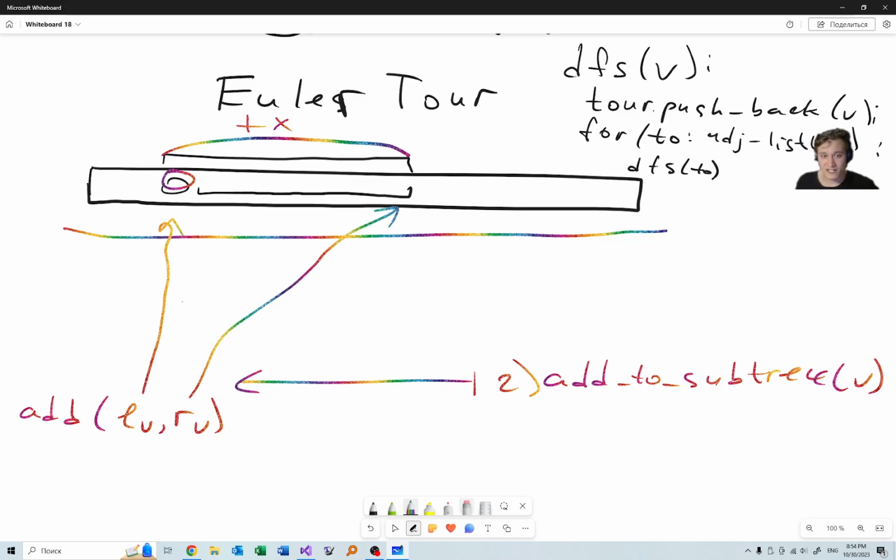And we add the same value x to this segment. Okay? So this is operation add.